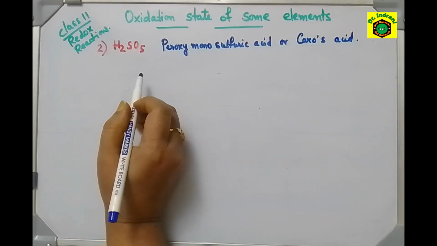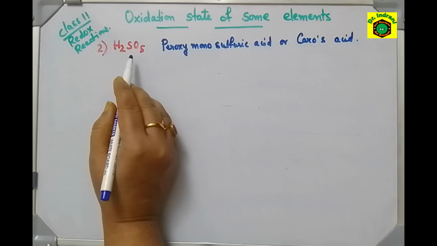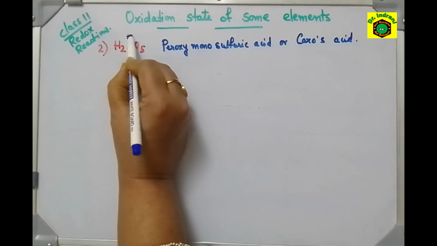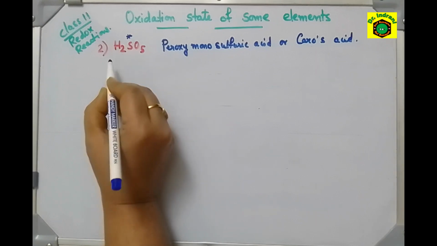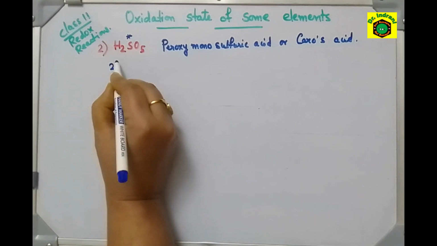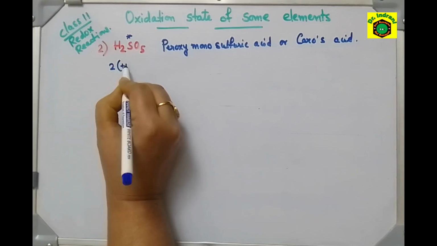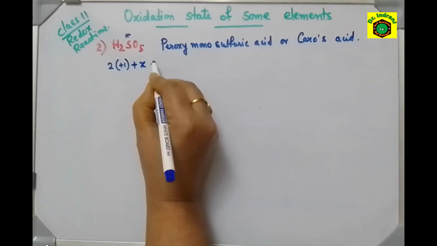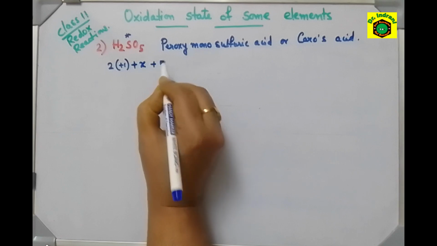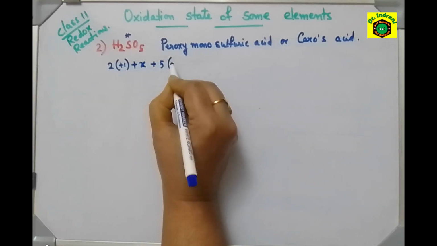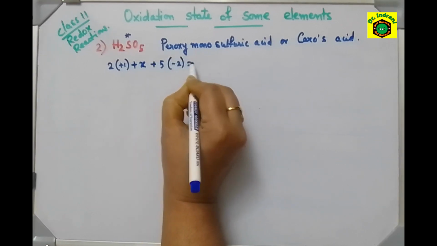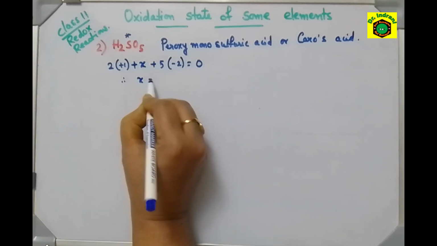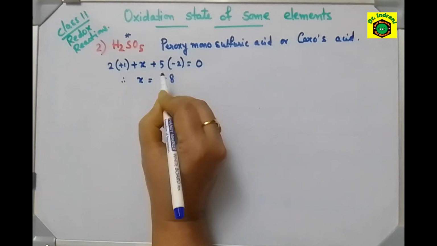By the previous method, if you calculate the oxidation state of sulfur, we have to find out the oxidation state of sulfur. So 2 into hydrogen having +1 oxidation state. For sulfur we can consider x, and if we consider each oxygen having -2 oxidation state, this sum is equal to 0. Therefore if you calculate, x comes to +8.